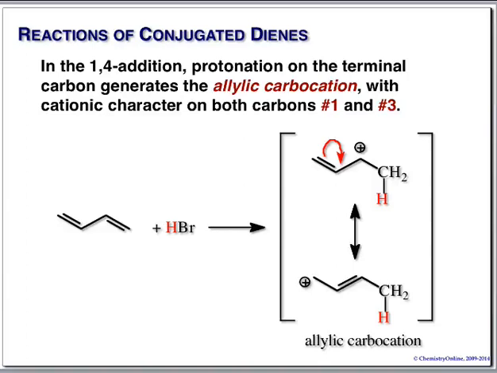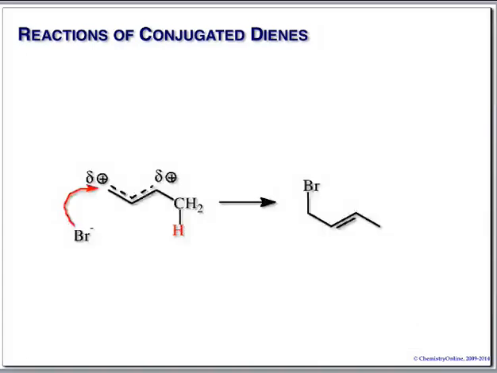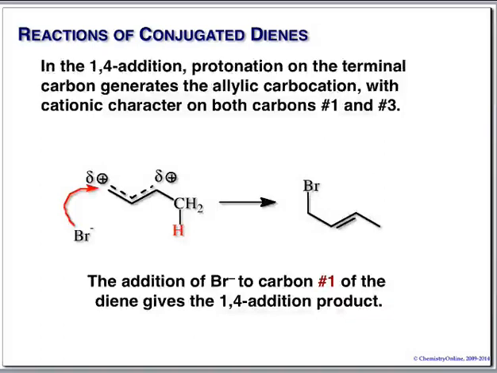Now if you think about it, this tells us we have carbocation character at this carbon and this one. We could add bromine here to make 1,2, or add bromine here to make 1,4. If we simply take this position here, our position number 4, add our Br minus, we get the 1,4 addition product.